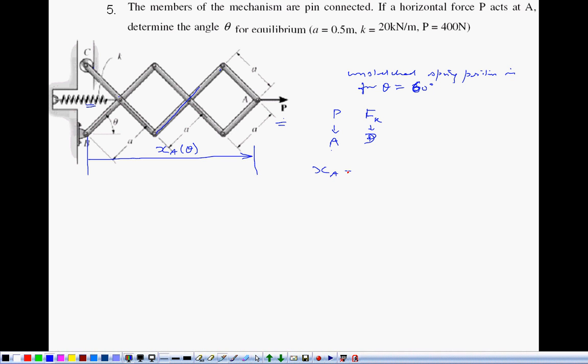I can write XA is equal to, you can find that XA is this length. If they call this as L, this is L, XA is equal to, I have 1, 2, 3, 4, 5. Therefore it is 5 times L sin theta.